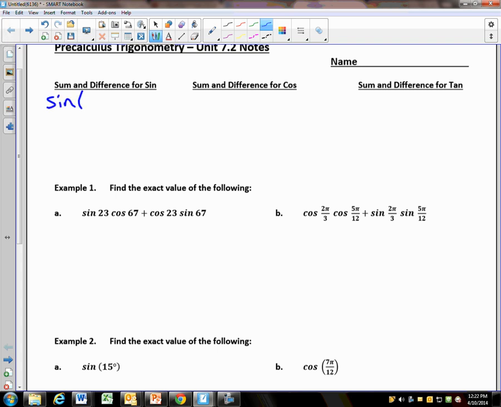The sine of an angle A plus another angle B, and what it happens to be equal to is the sine of angle A times the cosine of angle B, plus the cosine of angle A times the sine of angle B. Now, if instead of addition it was subtraction up there, then it would be subtraction down here. And that's our formula.